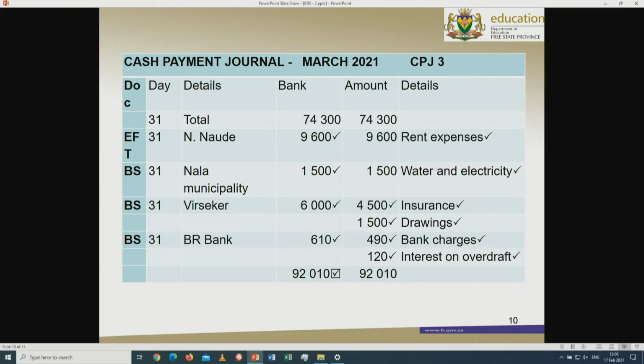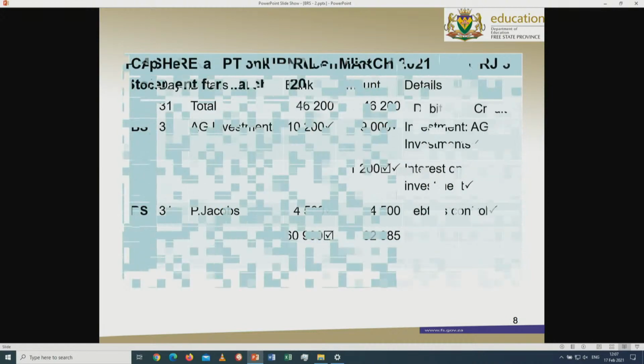The last one is our bank charges. Remember, we add everything together is 610, but I said bank charges and interest will be recorded separate. So 490 will be bank charges and 120 will be our interest on overdraft. Remember those small items that you're supposed to add to give you bank charges.